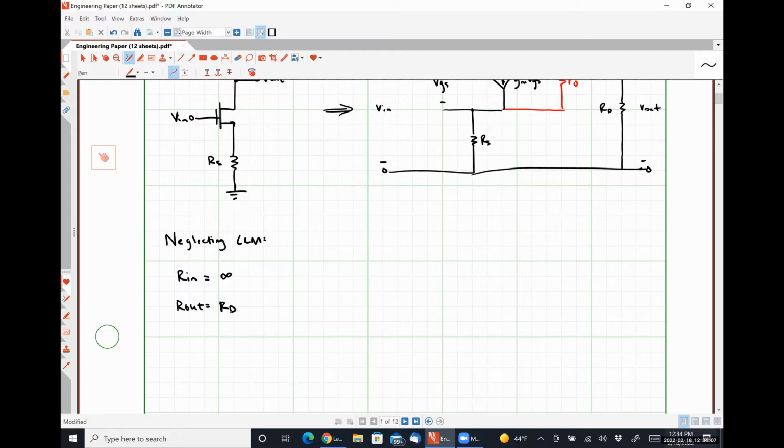So the analysis that we wound up doing was correct. The output resistance should simply be RD when channel length modulation is neglected. So our last parameter then is to determine the voltage gain of our system.